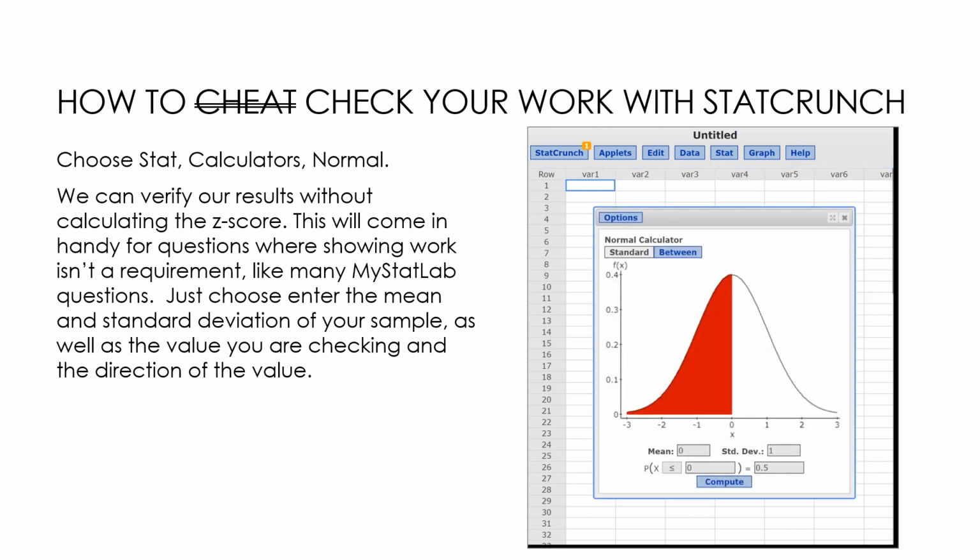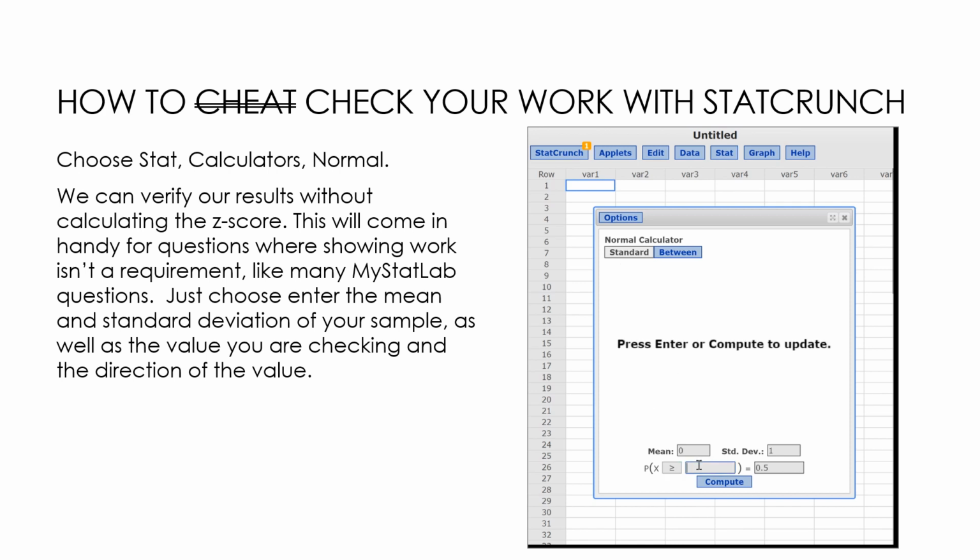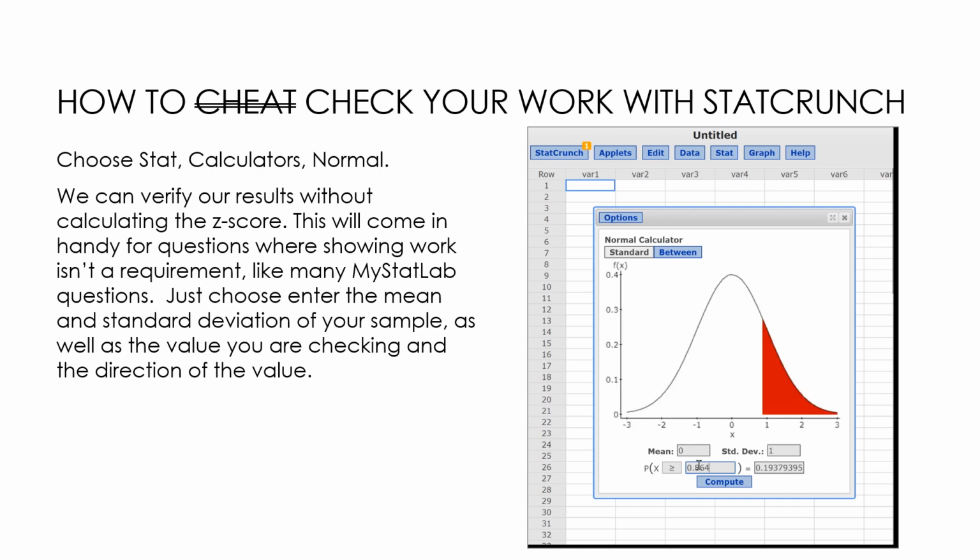And remember, if I have a mean of 0 and a standard deviation of 1, I'm changing this to greater than or equal to because I want the values that are greater than, which means 25 score or more. And here I'm going to put 0.864 and I get 0.1937, etc., which is the 0.194 I used on the other page.